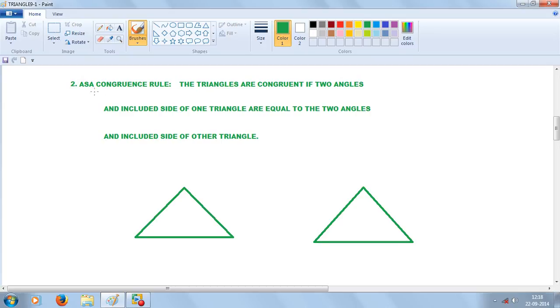Angle, side, angle. So how will we read it? First angle, side. For example, let us take these two angles as equal. Then these two sides are equal. The triangle we have marked, the third angle, so these two angles are equal; we will mark with 2.